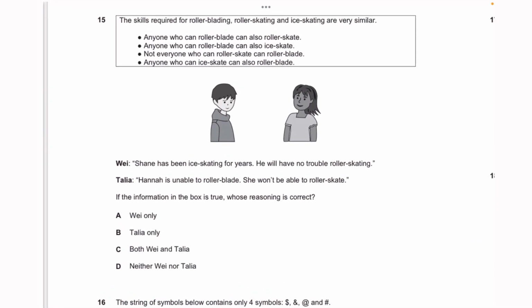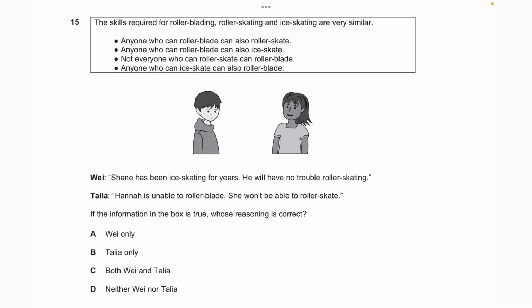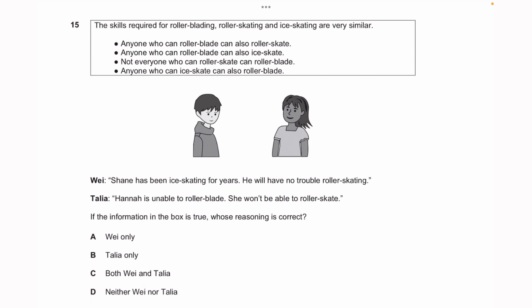Let's move through onto question 15. So question 15 says this. It says, the skills required for rollerblading, roller skating, and ice skating are very similar. Anyone who can rollerblade can also roller skate. Anyone who can rollerblade can also ice skate. Not everyone who can roller skate can rollerblade, and anyone who can ice skate can also rollerblade.